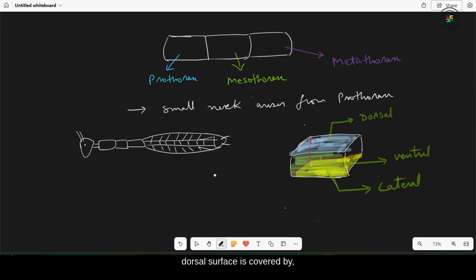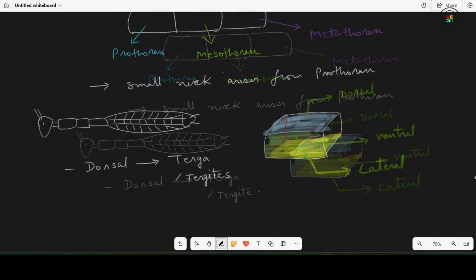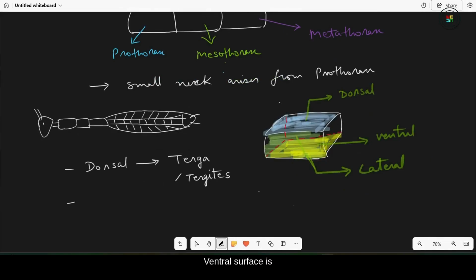So the dorsal surface is covered by the sclerite called as terga or tergite. Ventral surface is covered by sclerite called as sternite.